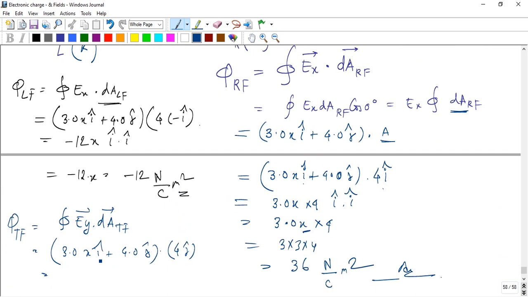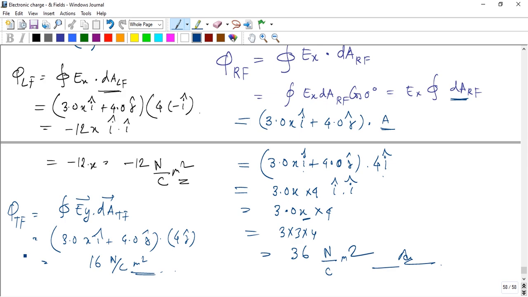So i dot j is 0, j dot j is 1, so 4 times 4 is 16 Newton per coulomb meter square. That is the top face flux. Solving numericals is very easy if you know the concept.